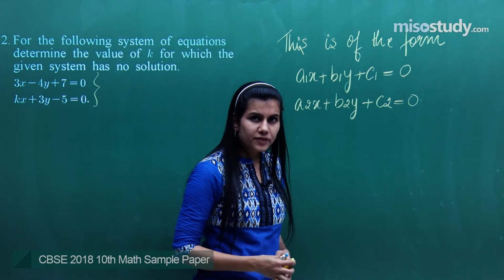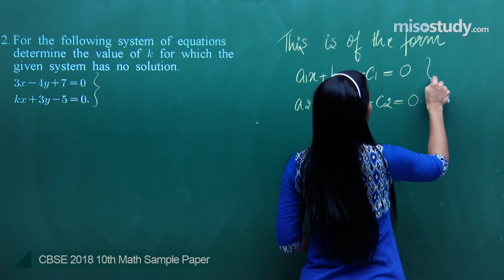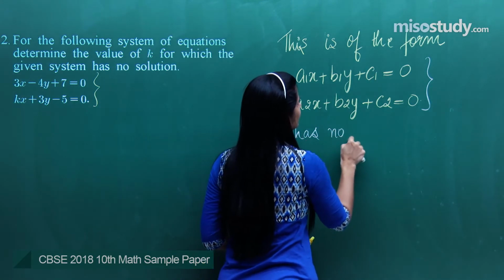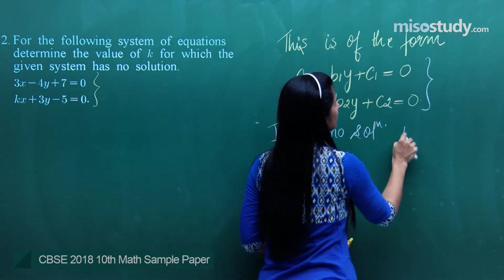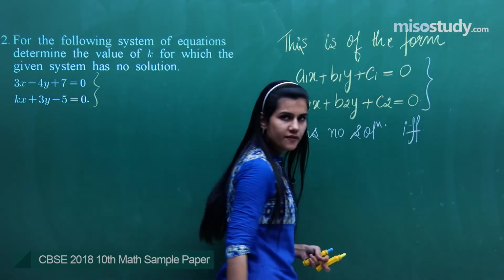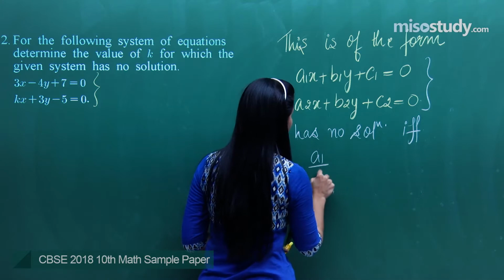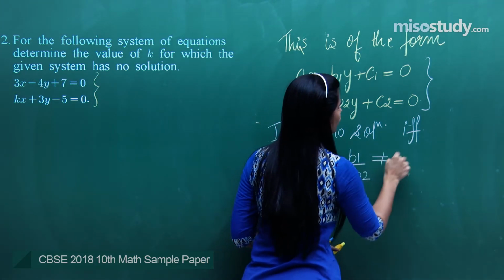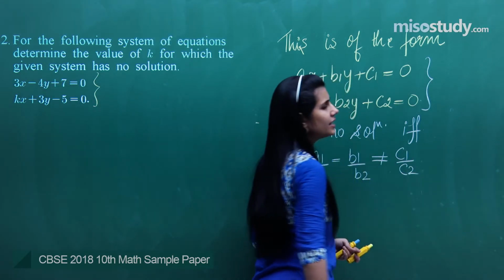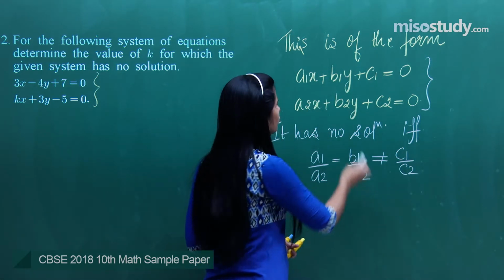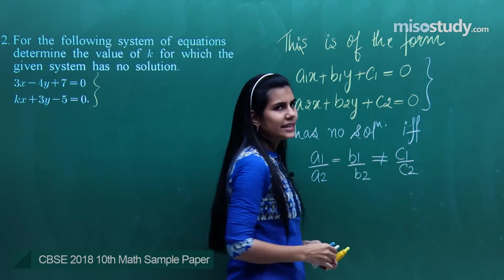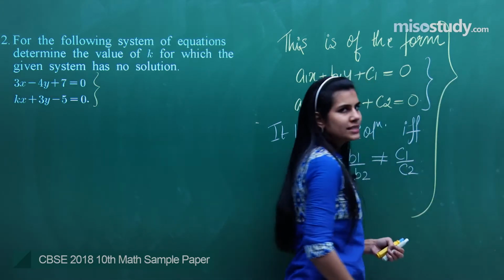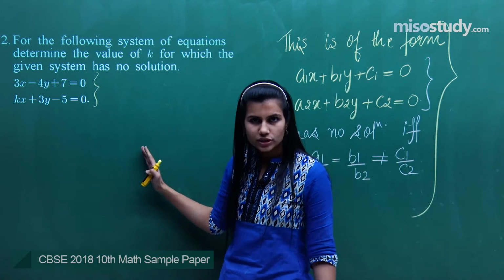The moment you have this, you know this system of equations has no solution only when a1 upon a2 is equal to b1 upon b2 but is not equal to c1 upon c2, where you know what is a1, b1, c1 and a2, b2, c2. Over here, this entire concept we have to apply in this question.